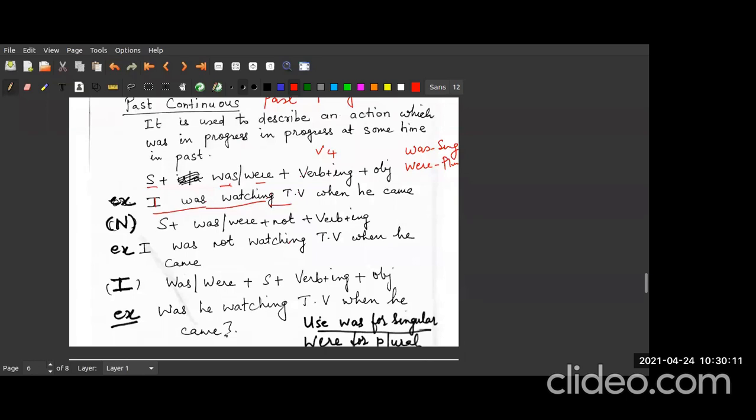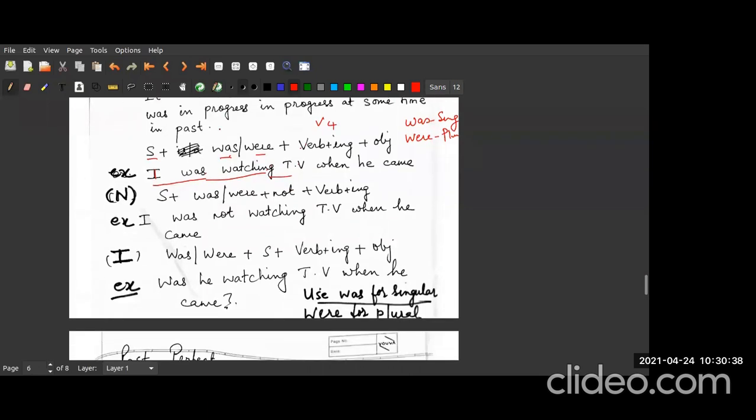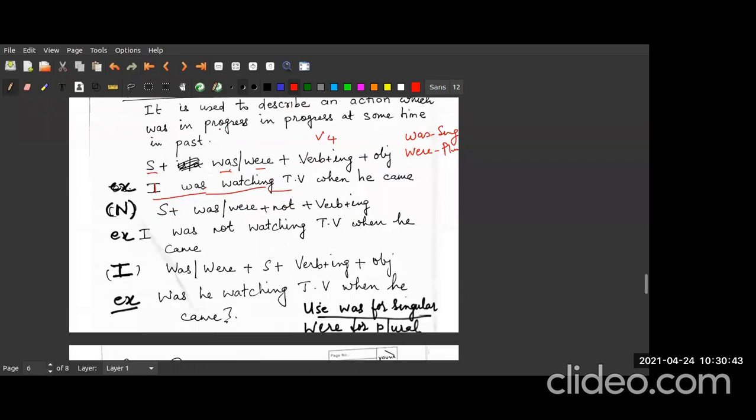Only in simple present and simple past, you have to remember that in simple present it is do, does plus V1, and in simple past did plus V1, did not plus V1 and did plus V1. Otherwise some things are same in all the structures. In other tenses you just add not after the helping word to make the negative.